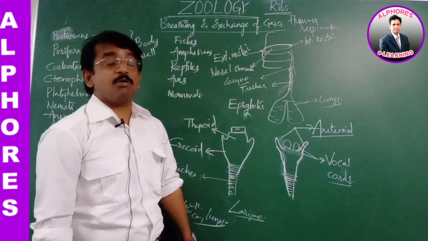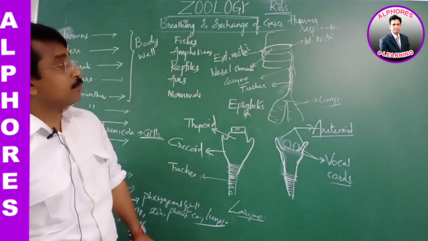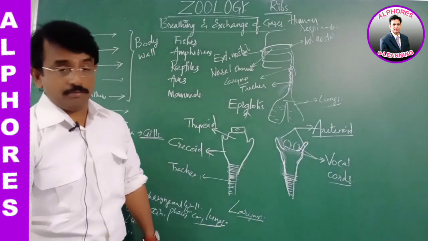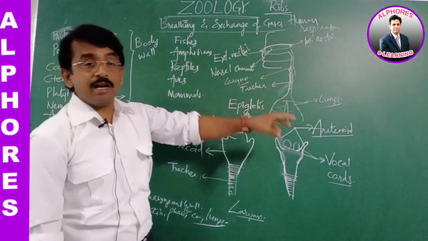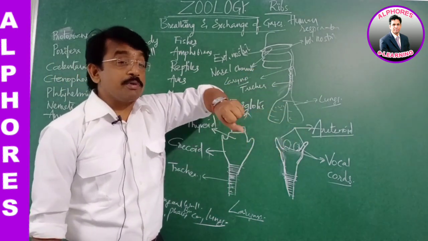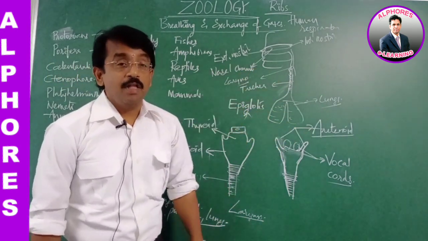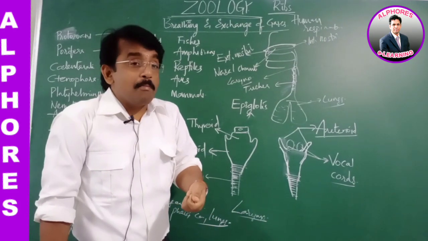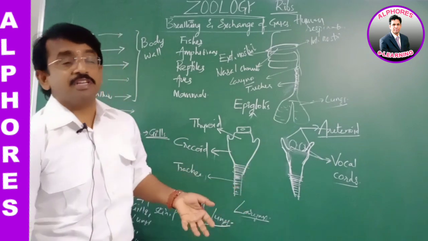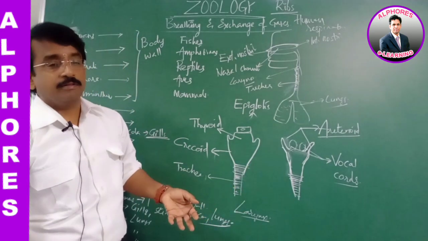External nostrils are with the hair and sebaceous gland. Generally, the hair prevents the dust particle entry, and the sebaceous gland secretes the sebum, which is for trapping the dust.